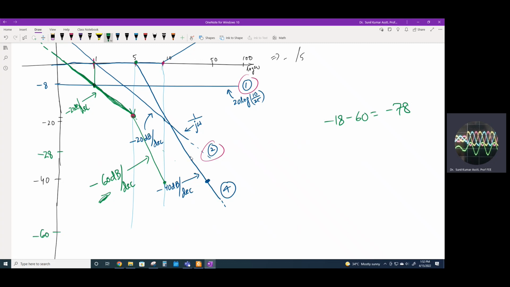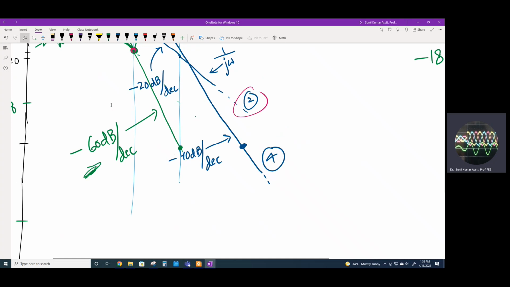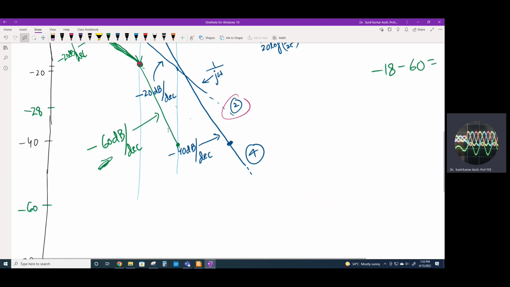So we have already drawn line number 4 with the slope of minus 40 dB. So the resultant after omega equals 10 will be parallel to this line number 4.